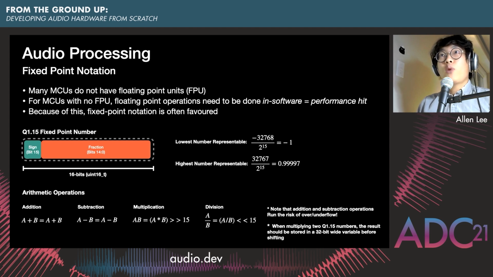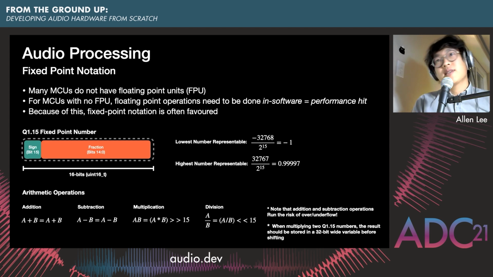And so one way to still have fractional representation, without using software libraries, is to use what's called fixed point numbers. In this example, I have a Q1.15 number, which basically means that it's a 16-bit number where 15 bits are reserved for the fractional part and 1 bit is reserved for the sign.